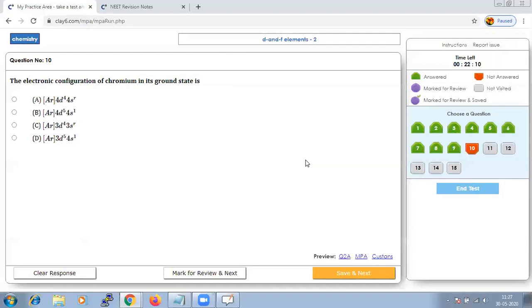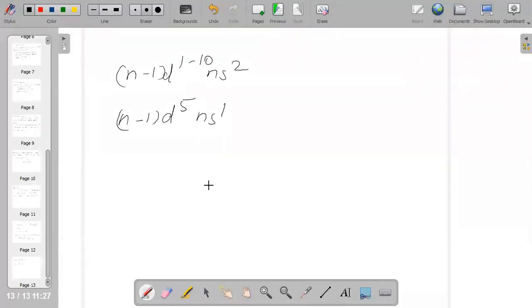So when we do the electronic configuration for chromium, it is 1s2, 2s2, 2p6, 3s2, 3p6, 4s1 and 3d5.